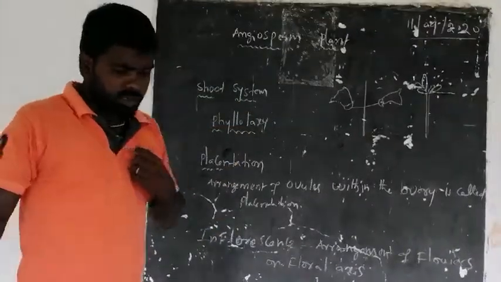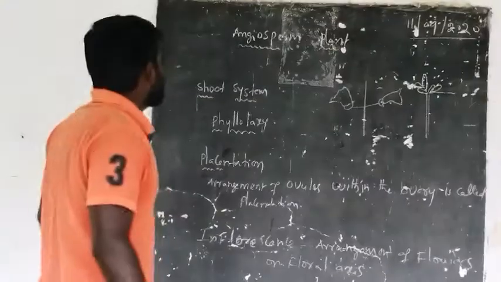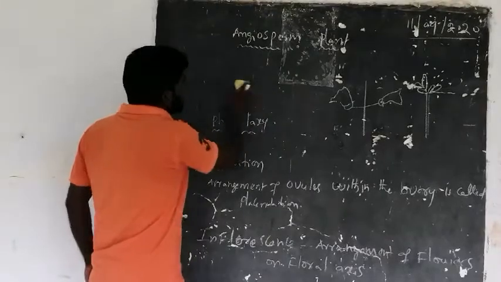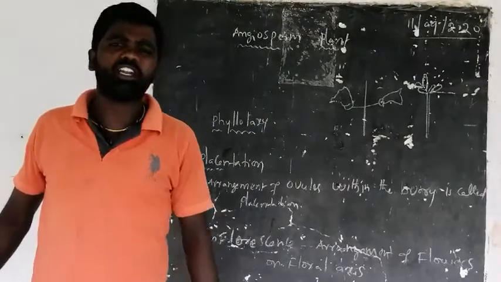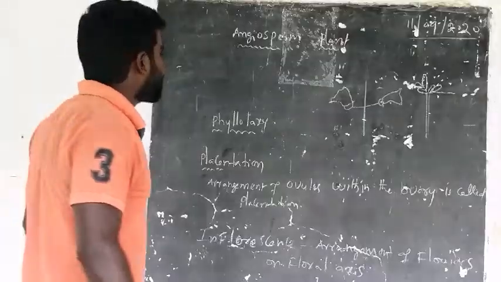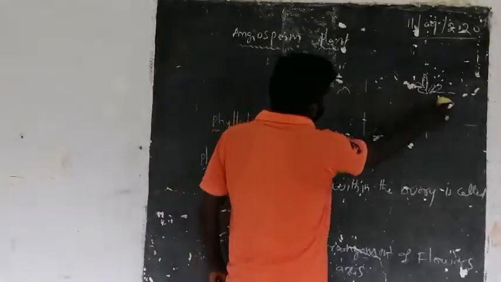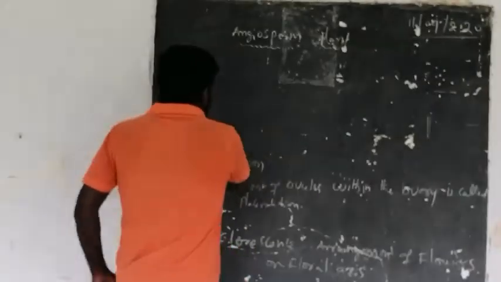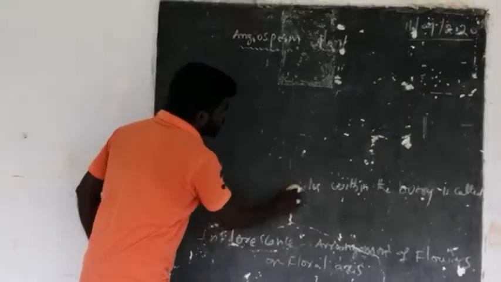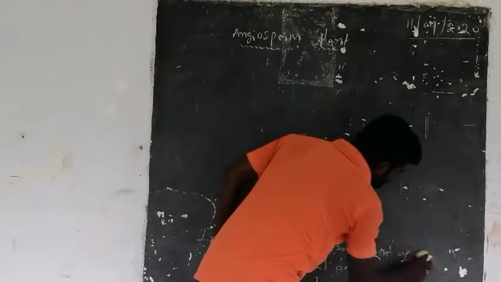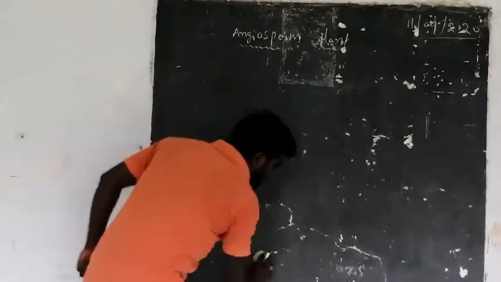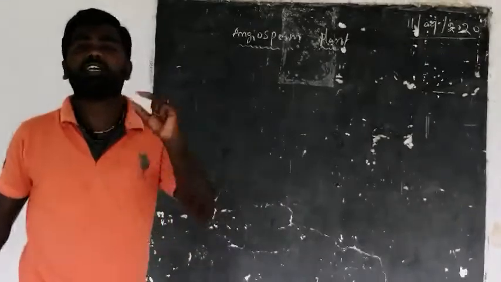Now, after describing these, let us move on to pollination. The flowering plant shows pollination, and as I told you, angiosperms means flowering plants.